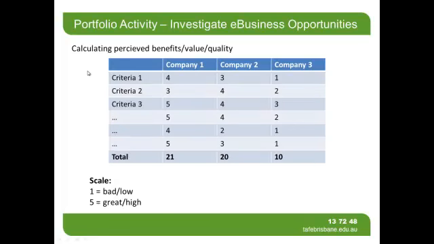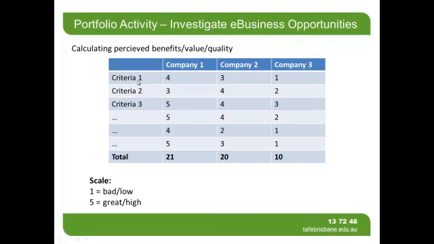So here we have a comparison table, and across the top we have Company 1, Company 2 and Company 3, and down the side a number of criteria to check each company against. So using our airline example, Company 1 could be Tiger Air, Company 2 Jetstar and Company 3 Virgin. And the different criteria you would select.